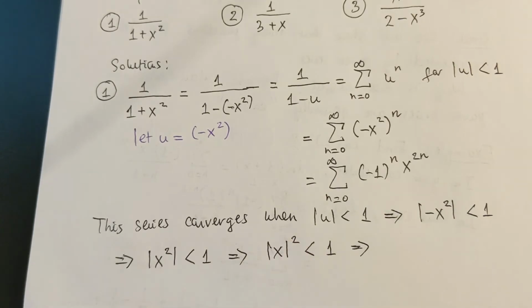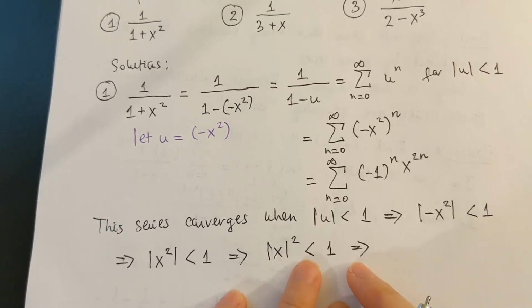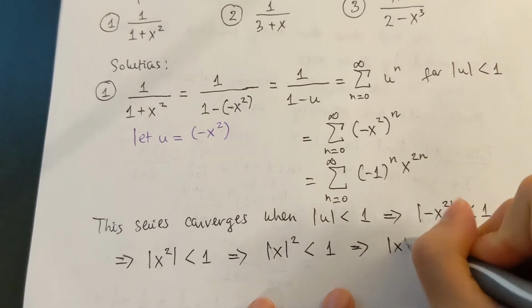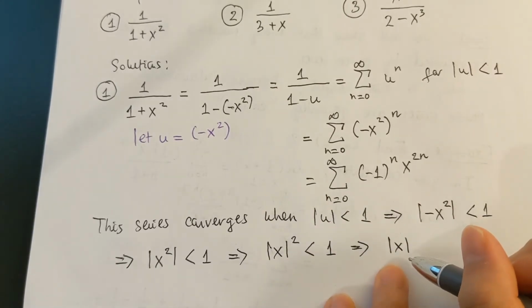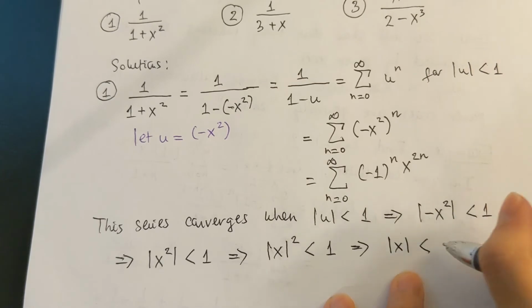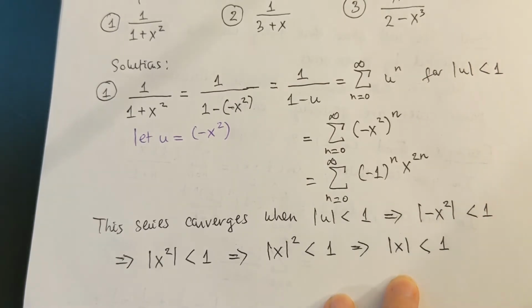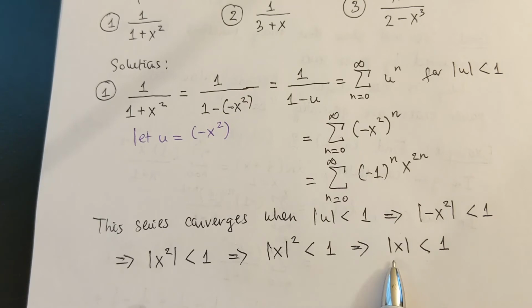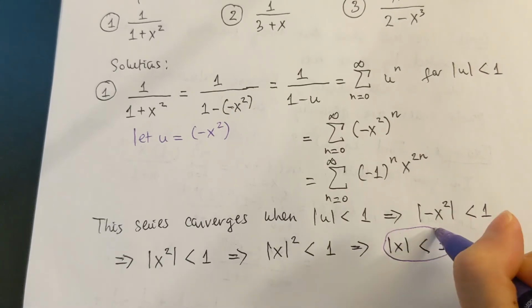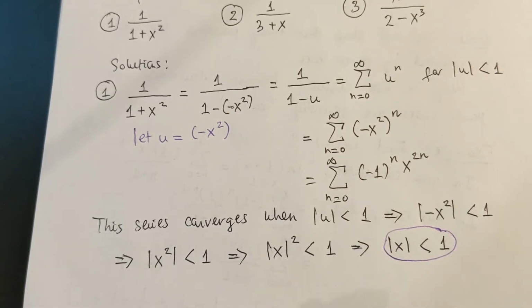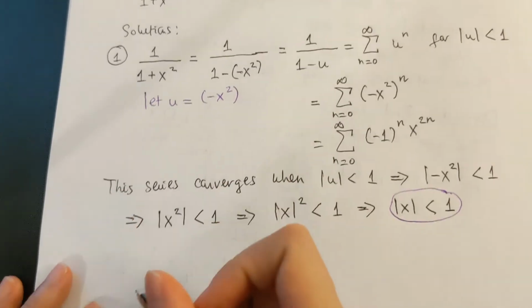If something squared is less than 1, both sides already positive, so this is true if you take the square root of both sides: the magnitude of x is less than the square root of 1, which is 1. So this series converges when the magnitude of x is less than 1. So the radius of convergence is 1.